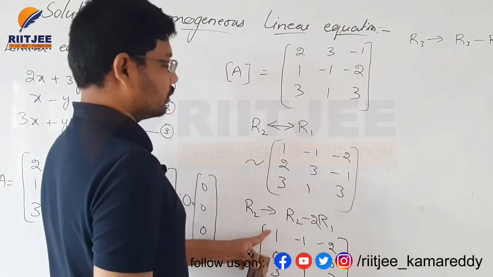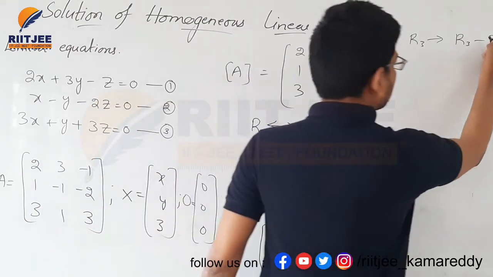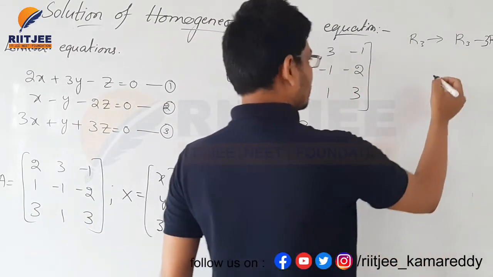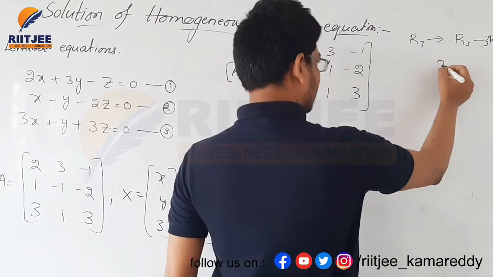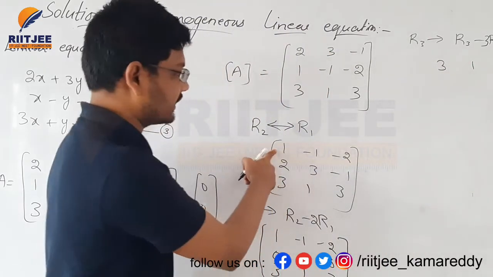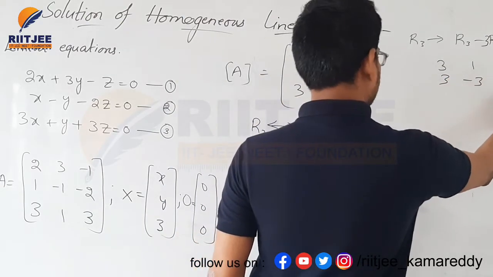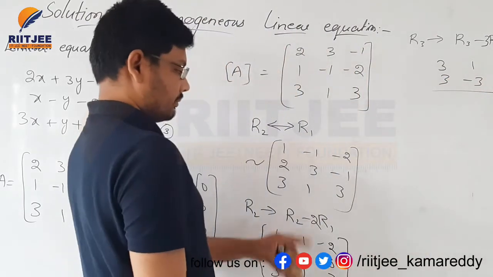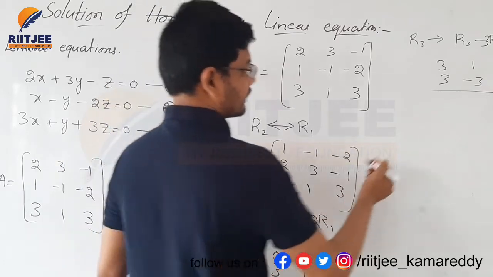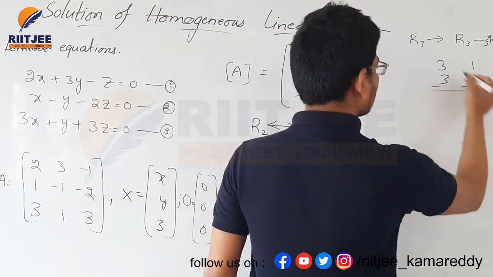Here we need to multiply R1 with 3. So R3 is 3 1 3. If you multiply R1 with 3, we get 3, minus 3, minus 6. So let's subtract here.